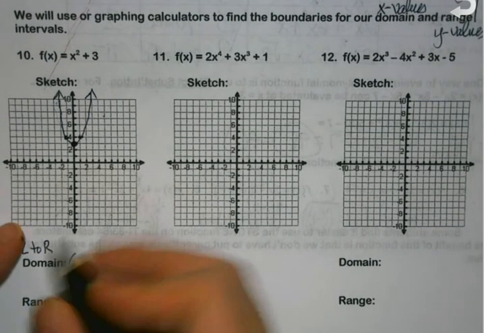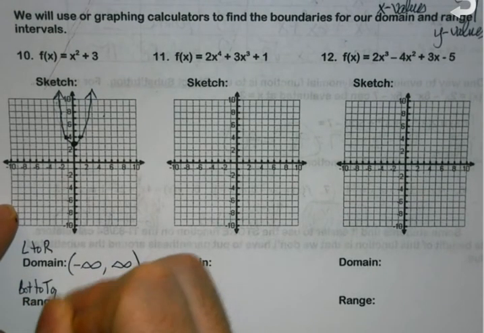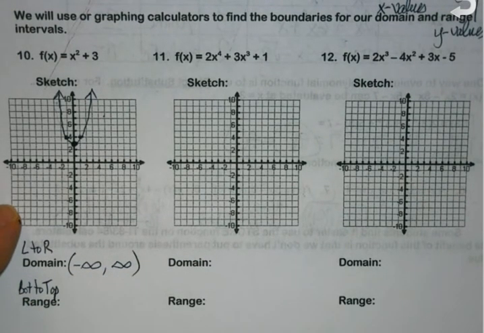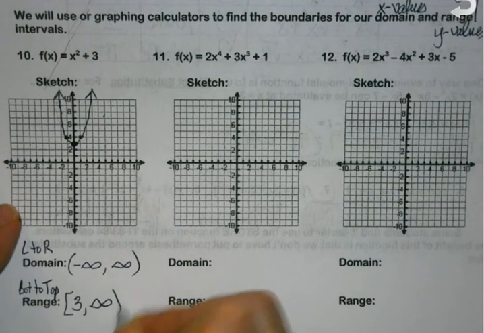For my range, it's bottom to top. Where does my graph start as far as my y values go? 3. And then they just go up forever, 3 to infinity.